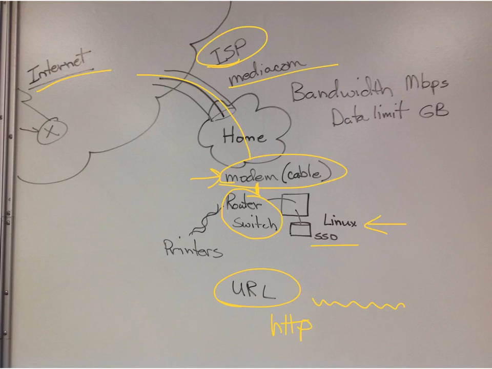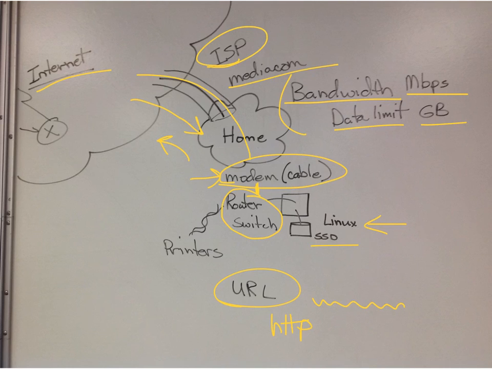And then how do we pay for that? Well, there's data limits, gigabytes, and how fast we can send it, millions of bits per second. Coming down is faster than going up. We'll talk more about that later on.